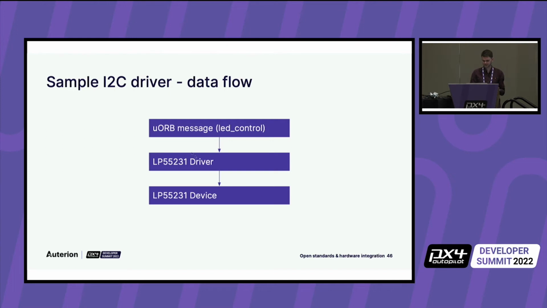So in our case, we need to listen to a uORB message, in that case, LED control, which in our driver we then parse, and we think, what does that mean for our device? What kind of commands do we need to send to our device to execute what this message means? And then we send that over a physical interface to our device.